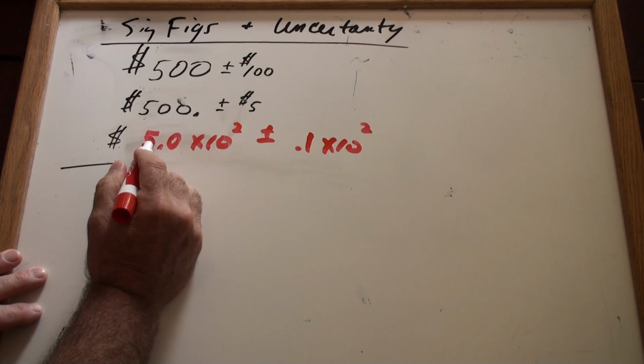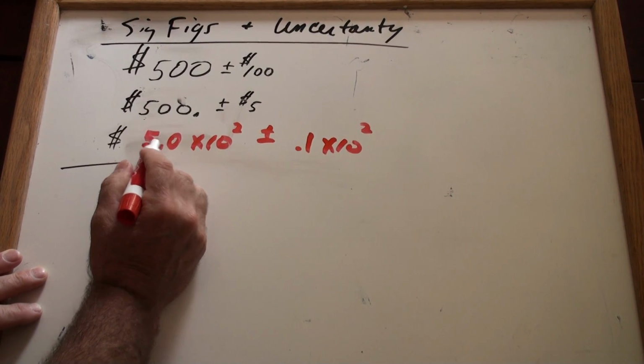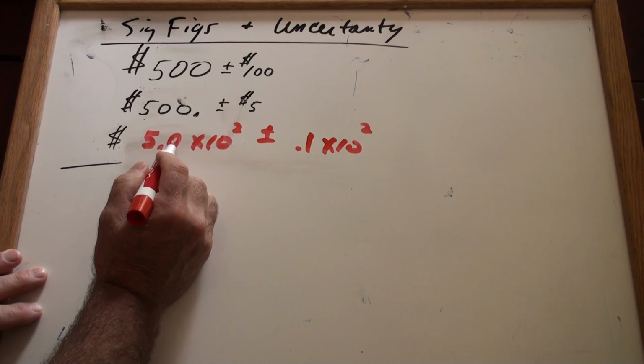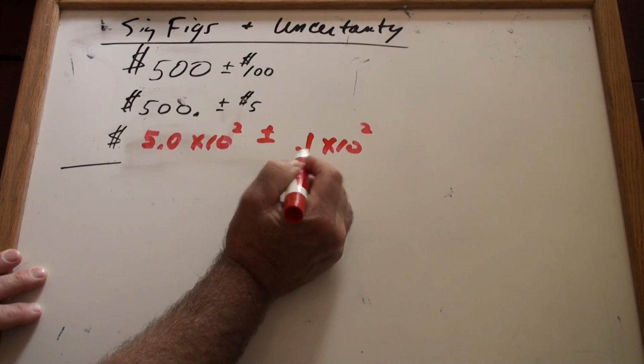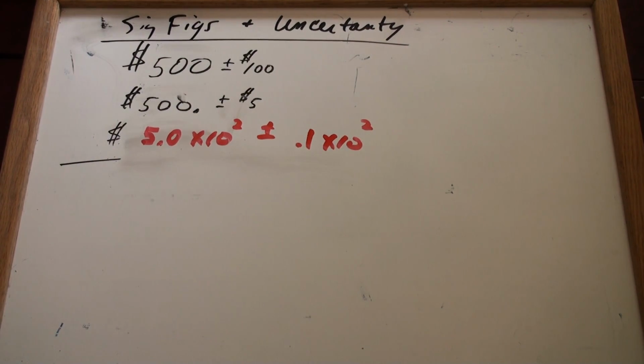Here's hundreds. This is a tenth of hundreds, which is 10 bucks. So I'm plus or minus a tenth of 100 or $10. So sometimes scientific notation is the only way you can do this and still make sense. All right? Now I hope that cleared up a little bit on sig figs and uncertainty.